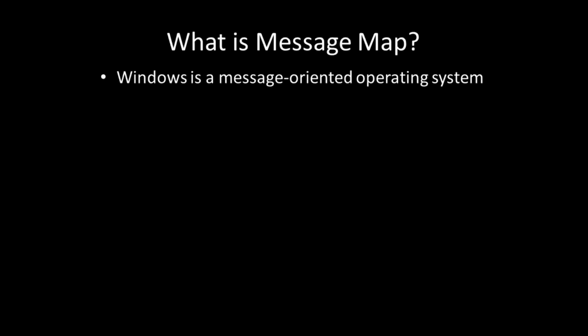Basically, it's a way of communication between the various components in Windows OS. Not only at OS level, whatever programs we develop on top of Windows also use messages for their functionality and for talking to other applications.